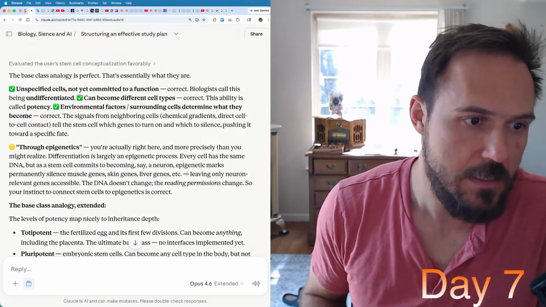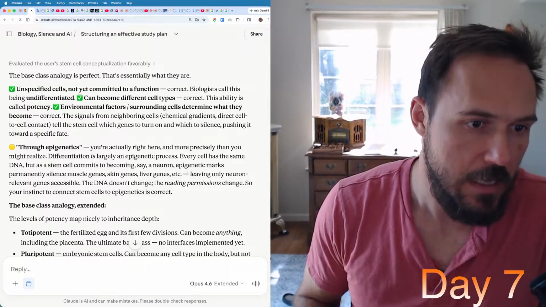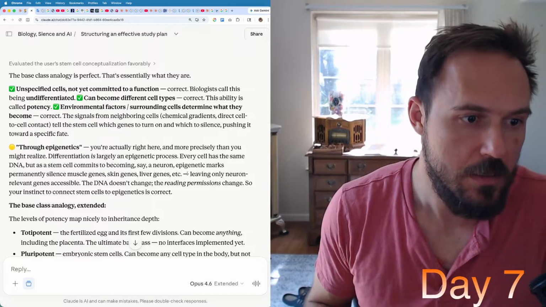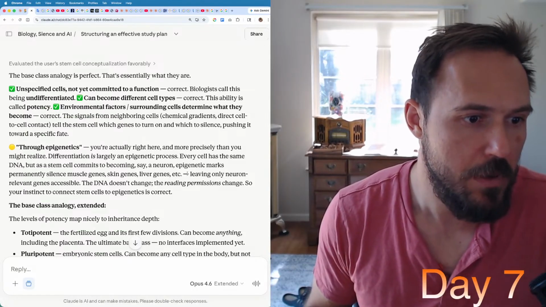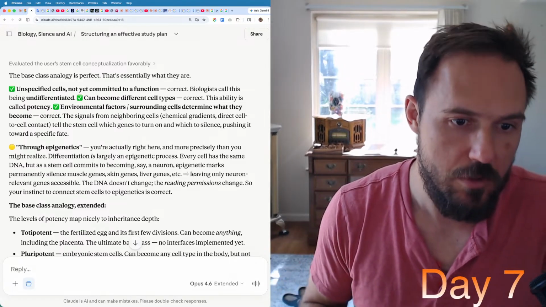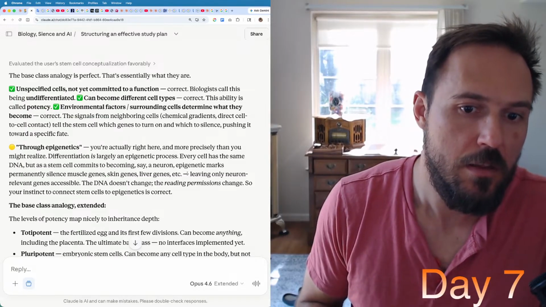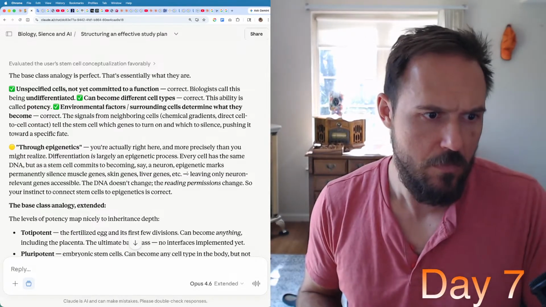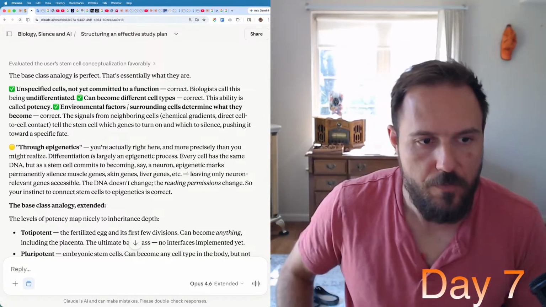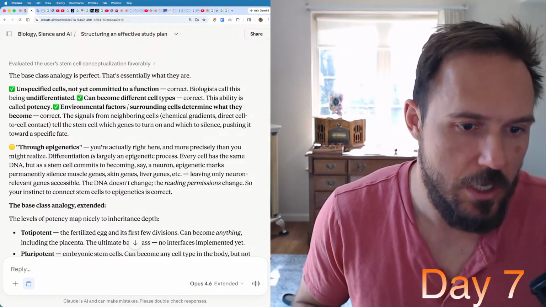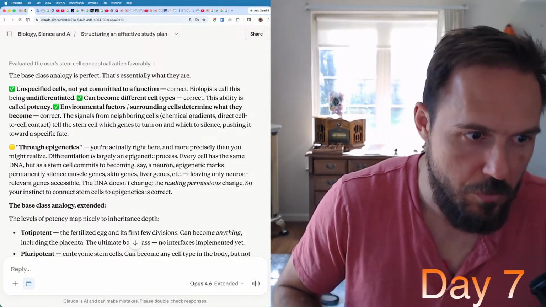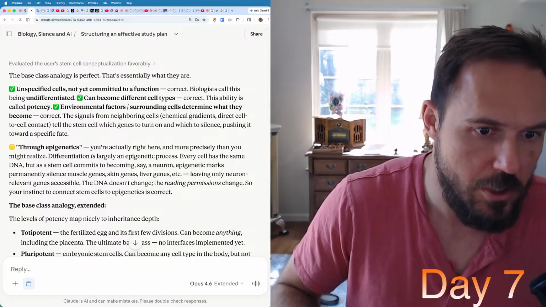Every cell has the same DNA, but as a stem cell becomes, say, a neuron, epigenetic marks permanently silence muscle genes, skin genes, liver genes, etc., leaving only neuron-relevant genes accessible. Interesting. So that's a process. The DNA doesn't change. Yeah, I know the DNA doesn't change. The reading permissions change. So your instinct to connect stem cells to epigenetics is correct.